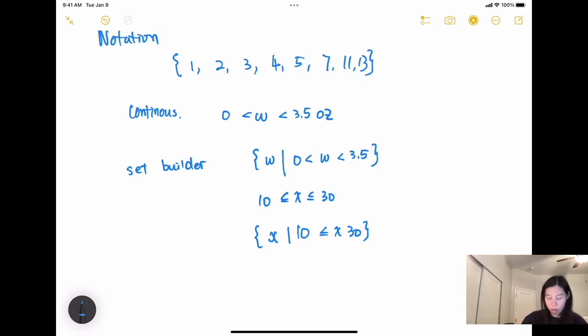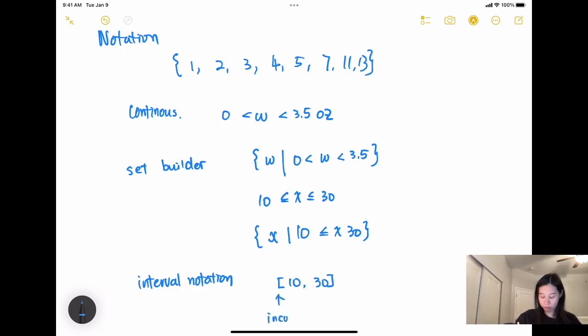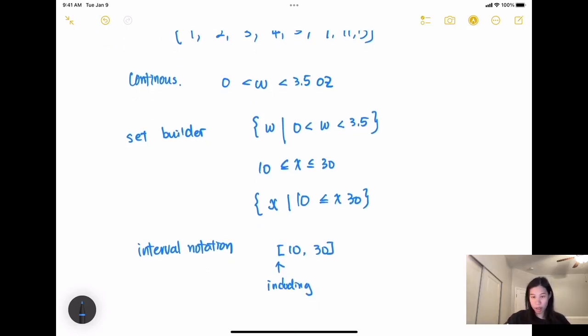Another way to do it is called interval notation. Such as, we represent 10 to 13 by writing it as from 10 to 13. Bracket means including. And if you see a parenthesis, like 10 to 13, that means 10 is not including the endpoint.